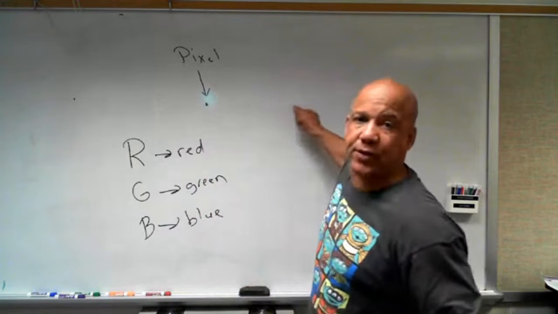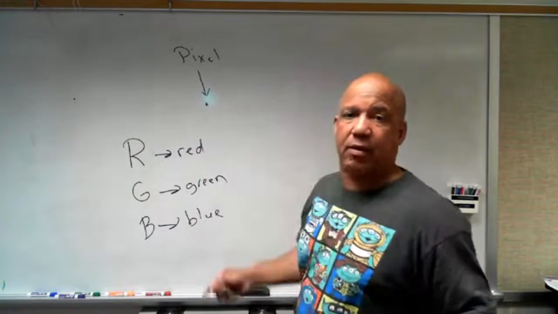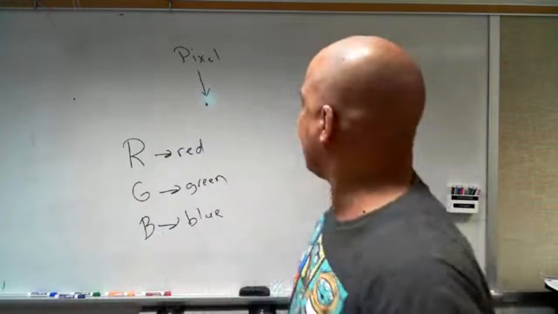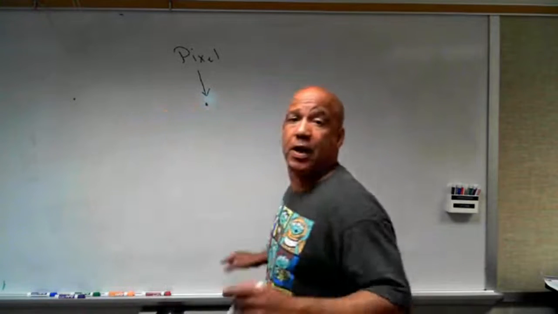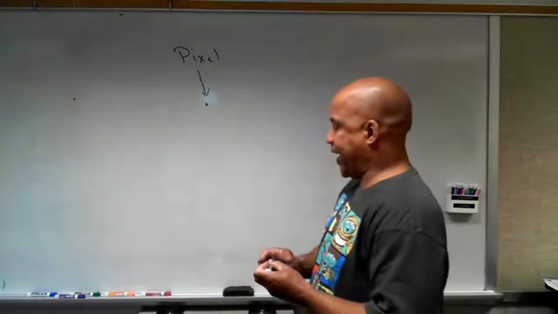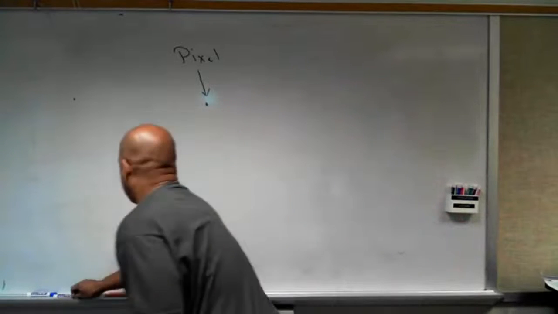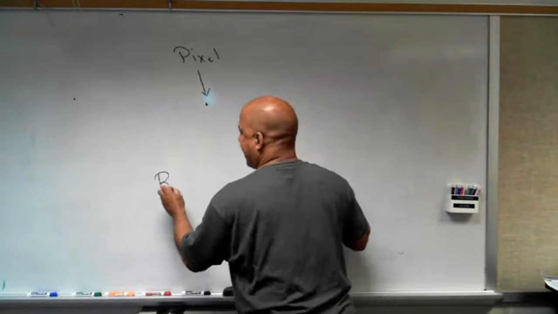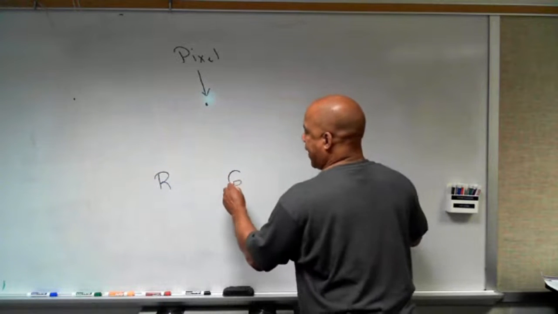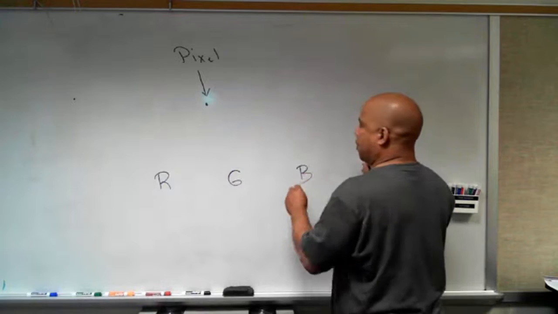So let's say I had all those pixels on that to make up a line. Let's just look at one of them. If I look at one pixel, and I want to store the color for that pixel, it's going to take 3 8-bit words. I need to store the value for red. I need to store the value for green. I need to store the value for blue.